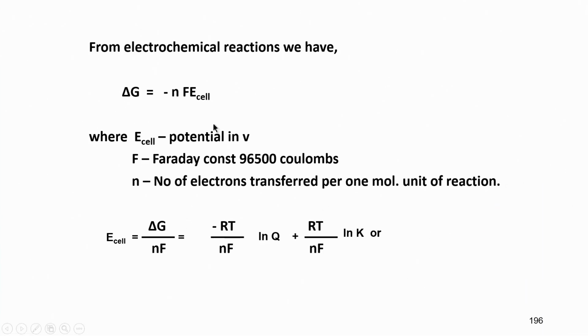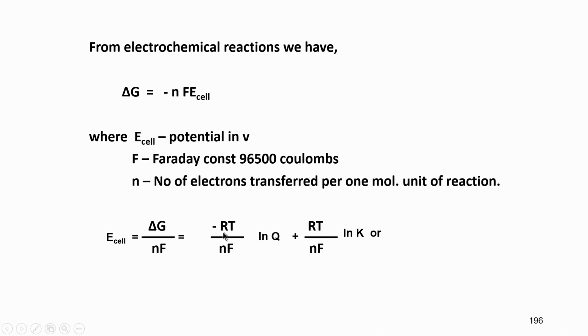So, I can write E cell is equal to delta G, I transfer all these parameters this side. E cell is equal to delta G by NF, there should be one minus sign here.